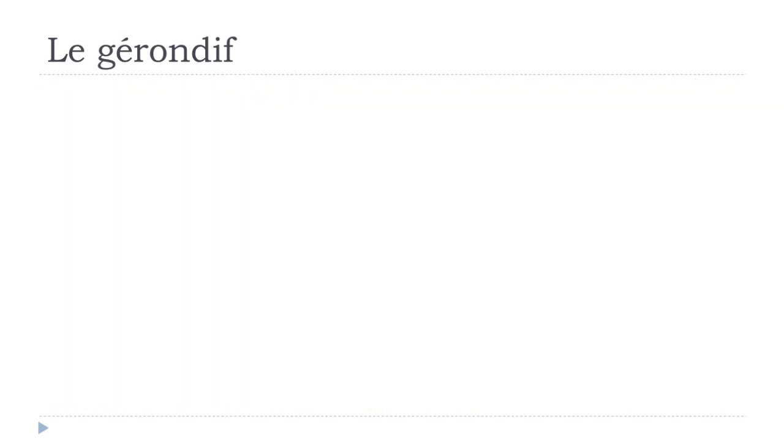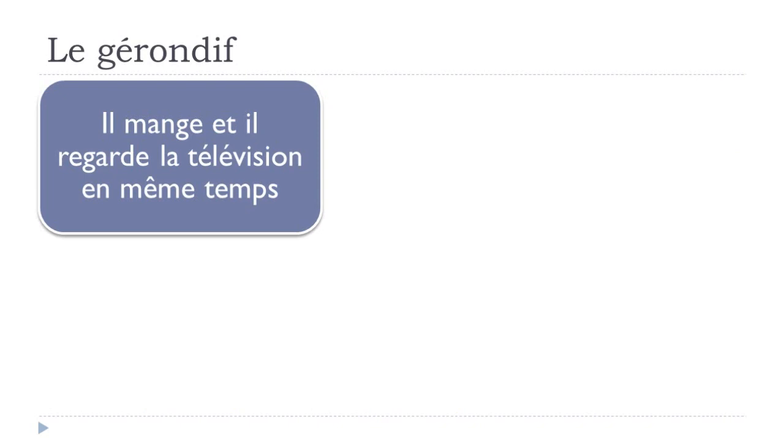Okay, so let's see now 2 examples. So I wanted to write them just to make sure that everything is clear. Il mange et il regarde la télévision en même temps. Okay, so il mange, manger is to eat, et il regarde, regarder is to watch, la télévision, en même temps, the expression means at the same time.